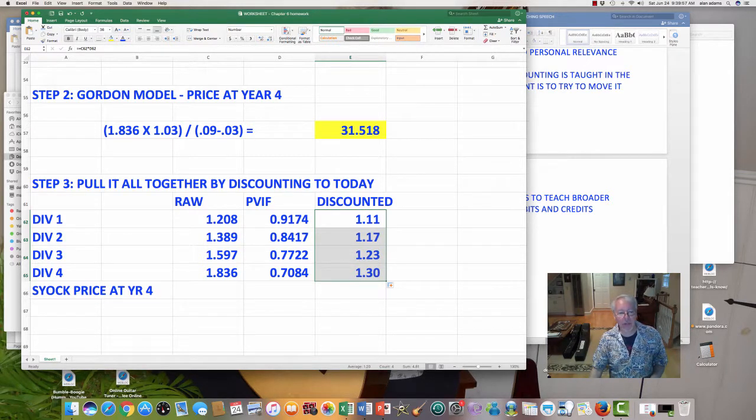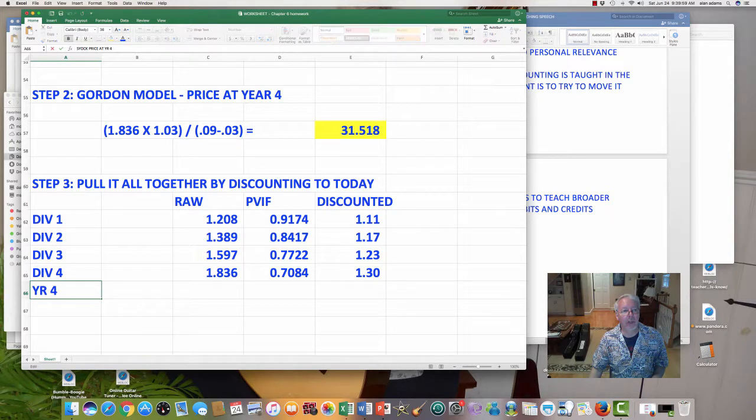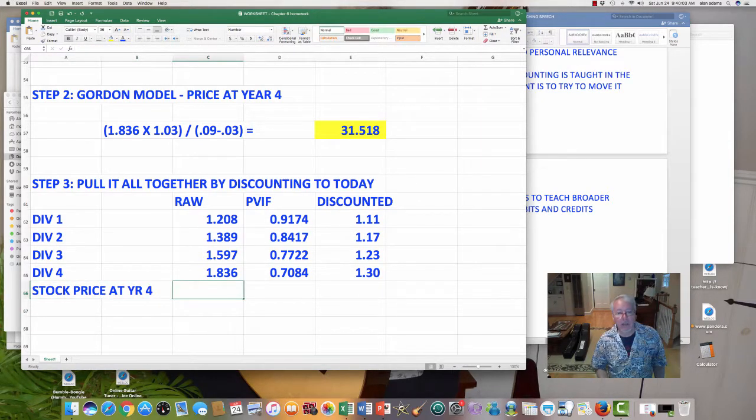The very last thing I do, the very first thing I do is correct the spelling of the word stock, okay? And I take my step 2 value, my Gordon value, 31.518. I discount that. That's 4 years in the future. I can use that same value that's in cell D65, 0.7084.